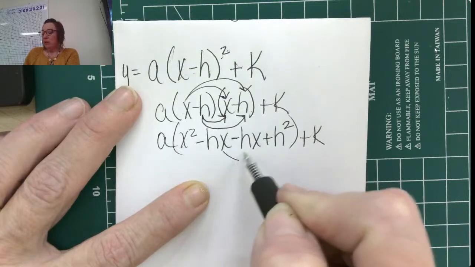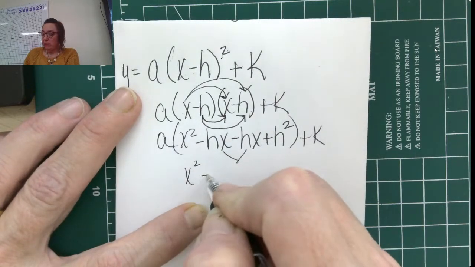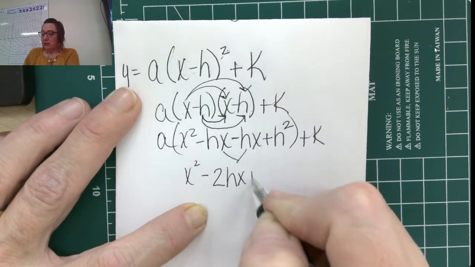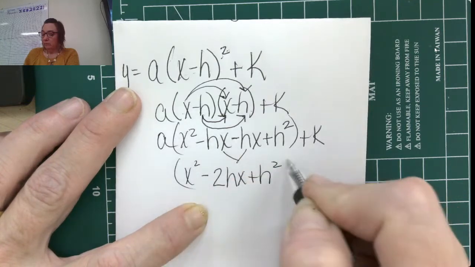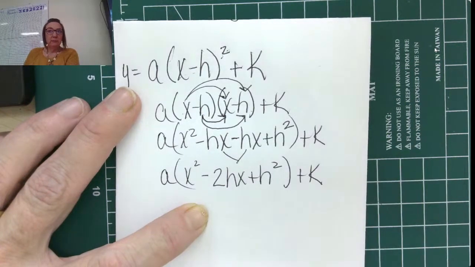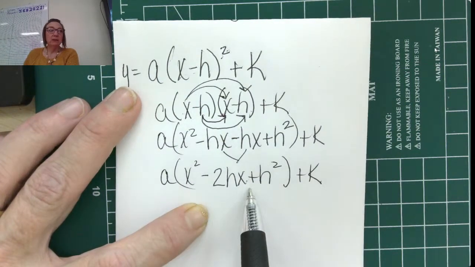Now, I have some like terms, right? So I can do X squared minus 2HX. All I did right there was combine these like terms. That's all I did.